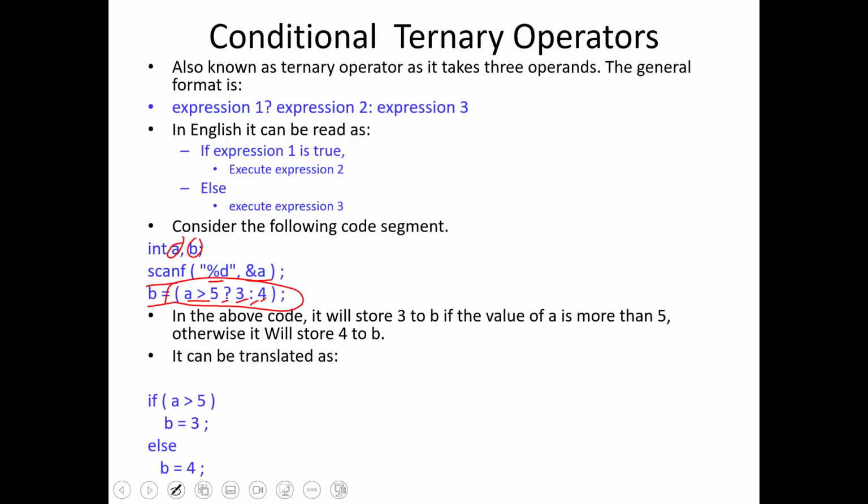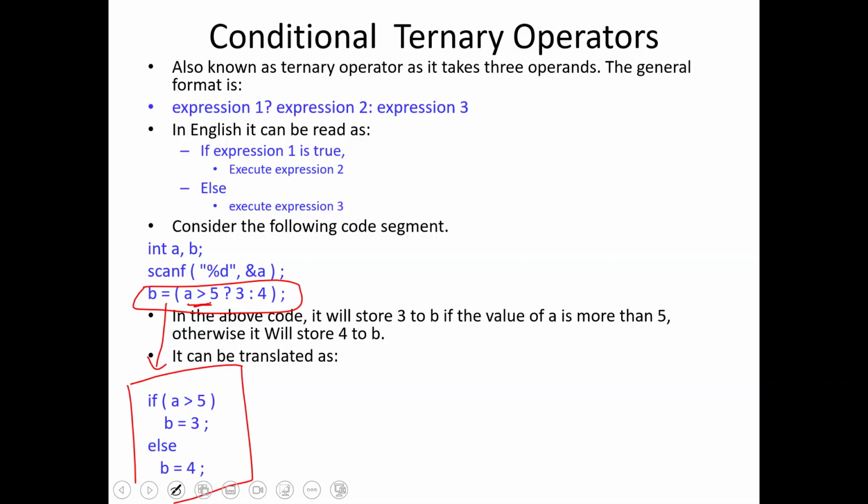How do you read it? If a is greater than 5, b equals 3, else b equals 4. So this is exactly their equivalent. So this line is the same as processing this. Got it? So you don't have to write if, just write a greater than 5.